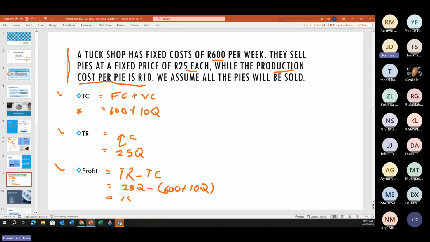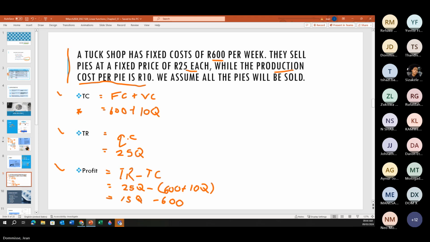So let's just get to the answer. It's 15Q, because 25 minus 10Q is 15Q minus 600. So it might be that in your multiple choice, you've got one answer as this. The other answer is maybe 25 plus 10, because one has forgotten to multiply it by the minus.